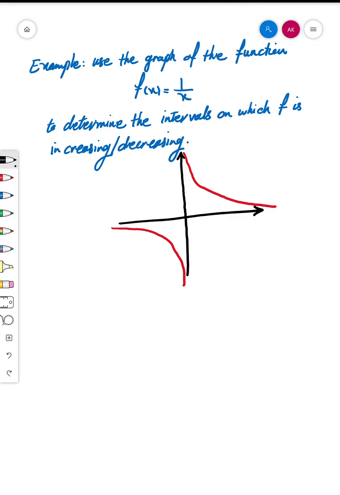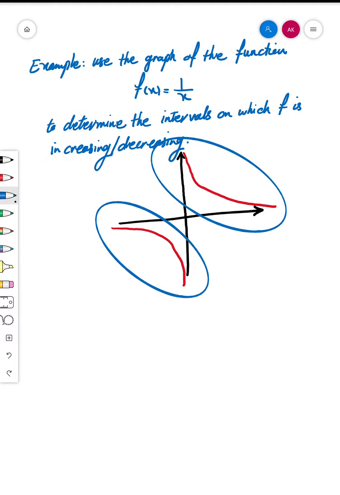Something that you have to right away notice is that this function has two branches, one here, one there. On this one, as we move to the right, it goes down. And on this one, as we move to the right, it also goes down.